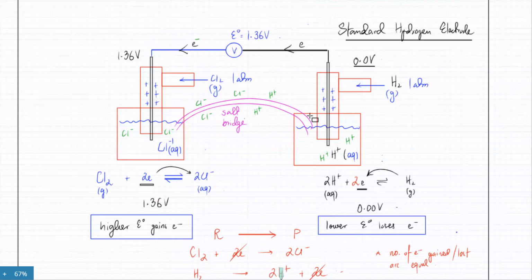One was the higher potential, the other the lower potential. One wanted to gain electrons, the other wanted to lose electrons. So a current was flowing in the wire because of the chemical reaction taking place.